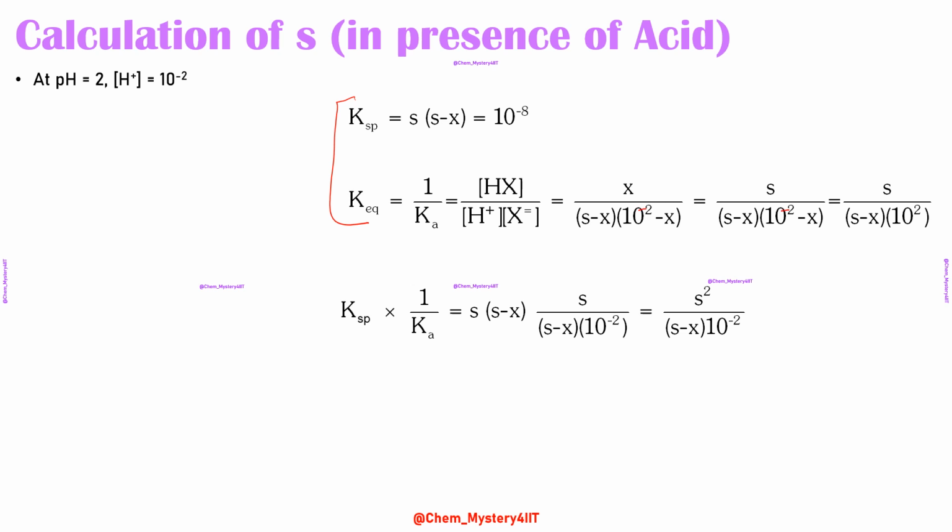That is a typo. So now we can evaluate this expression for S. Ksp by K turns out to be S square by 10 raised to power minus 2 times S minus X.